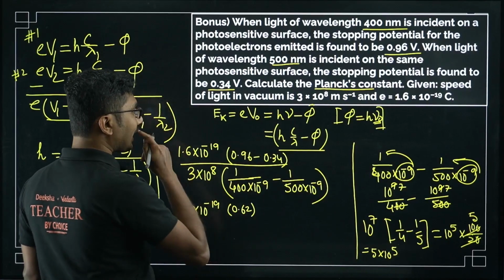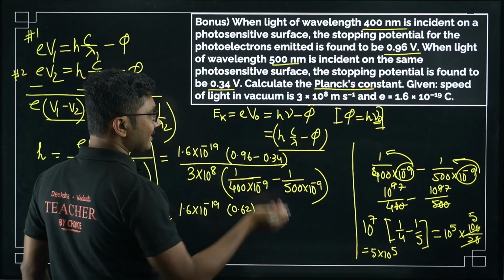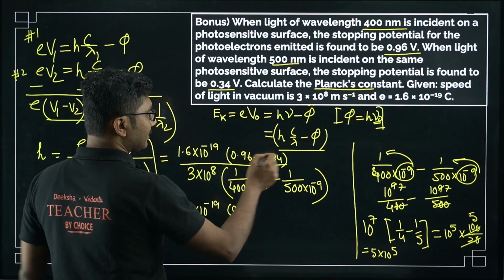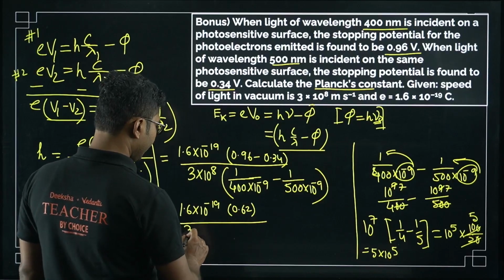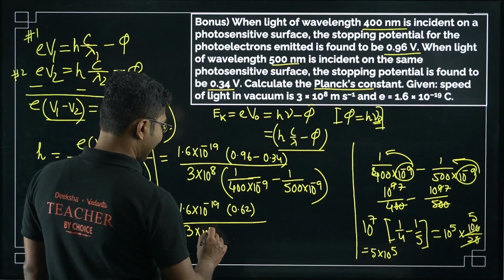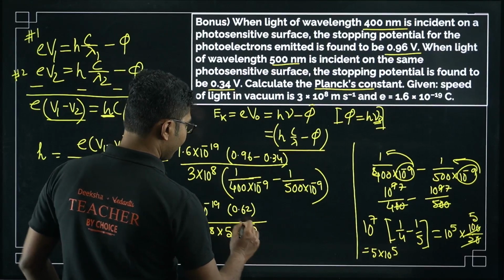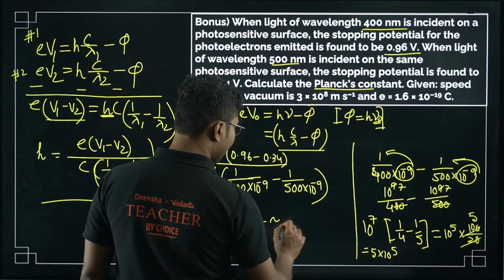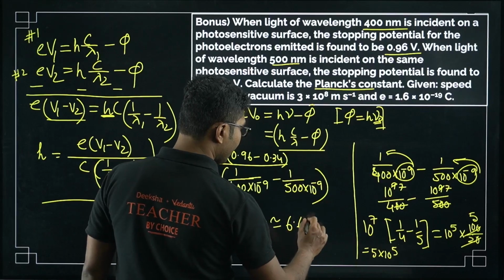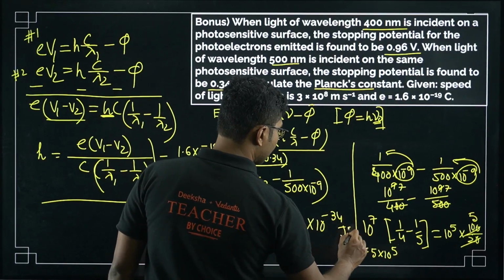Right, 0.96 minus 0.34, so 9 minus 3 is 6, and 6 minus 4 is 2, so 0.62. So it will be 3 into 10 to the power of 8 into 5 into 10 to the power of 5. Okay, so if you solve everything using your calculator, definitely you will get 6.6 into 10 to the power of minus 34 joule second.